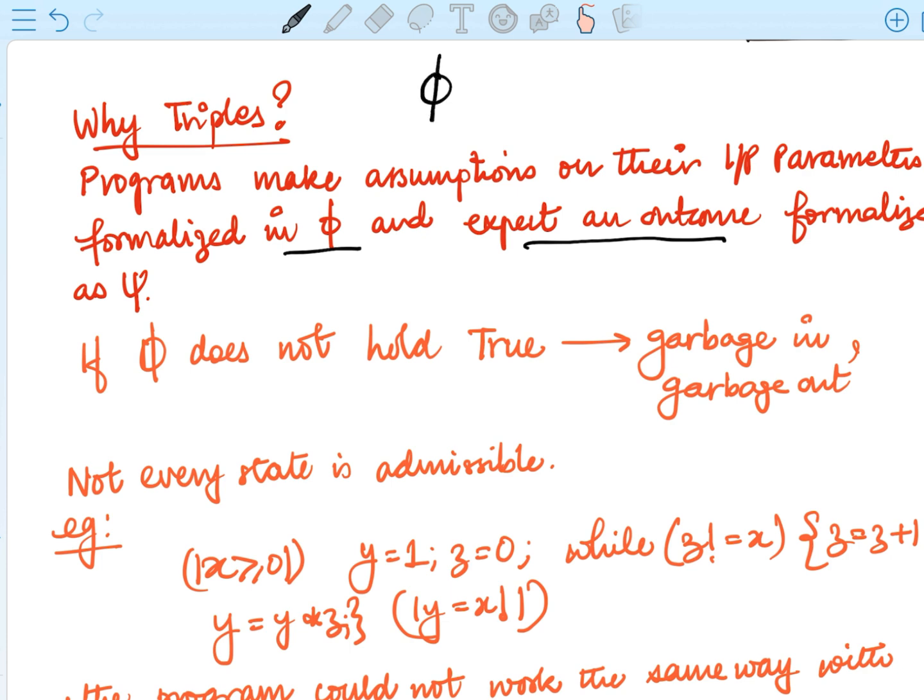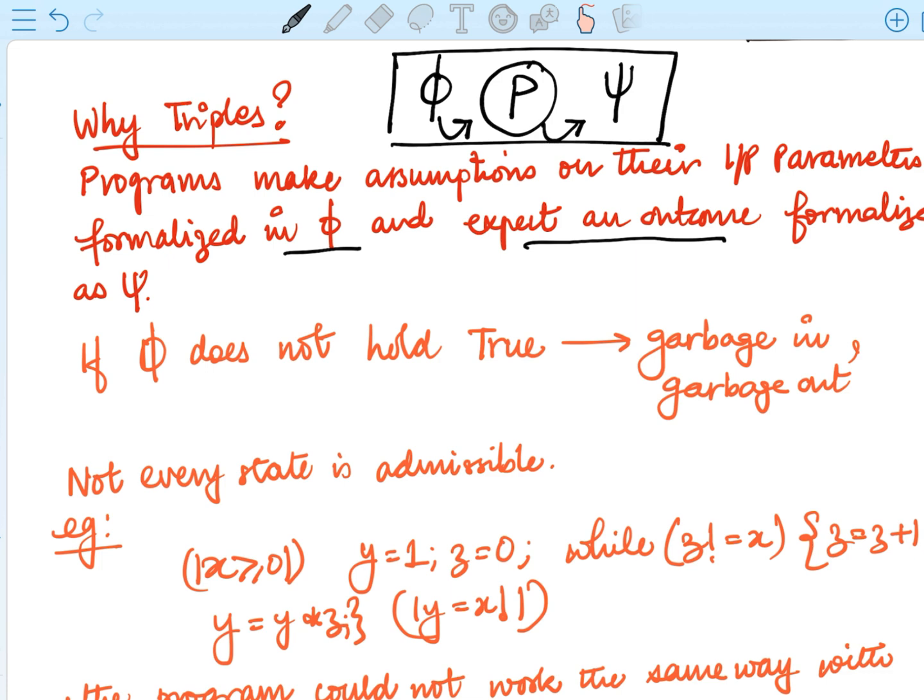And whatever expected result you want to get, you represent by psi. In between comes the program. So you give your assumptions to the program. The program results in psi. Psi is the output, the expected output. And when these 3 things are combined, it becomes a triple.